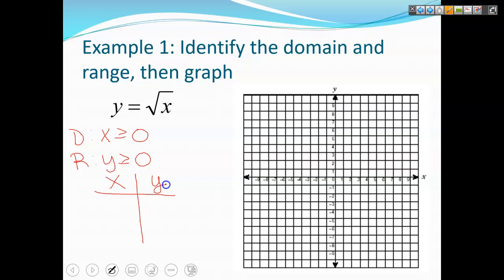The square root is going to be the opposite. It's going to be 0, 1, 4, 9 here, and 0, 1, 2, 3 there. And that should make sense because the square root of 1 is 1, square root of 4 is 2, square root of 9 is 3. If you plug 9 in, you get 3.